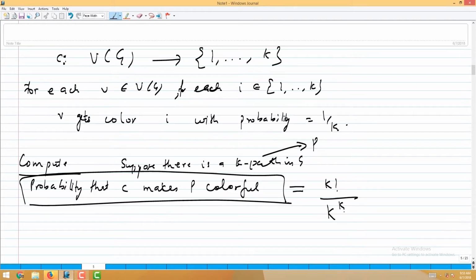So as we just saw, the number of ways in which we can make this path colorful is k factorial ways, depending on in which order I color the vertices of this path. And the total number of colorings that we can give to the vertices of this path are k power k colorings. Every vertex of this path can get colors from 1 to k. There are k such vertices, so k power k, right?